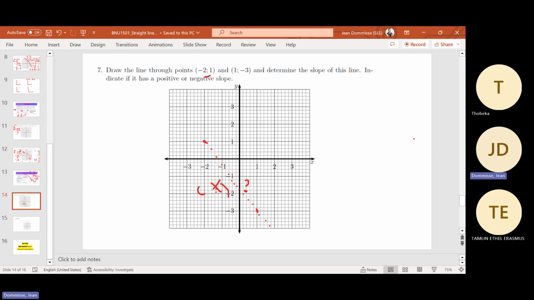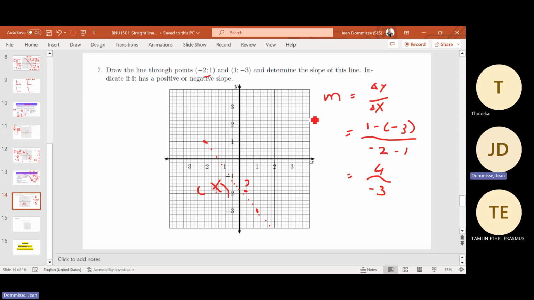So firstly, I will need to work out the slope. Your slope is change in y over change in x. So y is 1 minus -3, which would be 4, and I'm already doing that. Then -2 minus 1, so it's very similar to one of the previous ones, which gives -4 over 3.